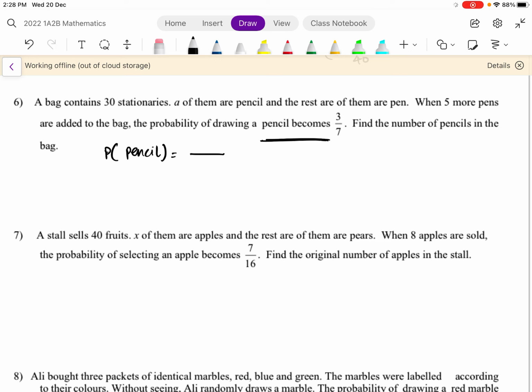Currently we have A, where A is the number of pencils. We didn't add any more pencils, so the number of pencils doesn't change, it is just A. What about the total number of stationery? Initially we had 30, and now they added 5 more pens. So this is the probability of us drawing a pencil.